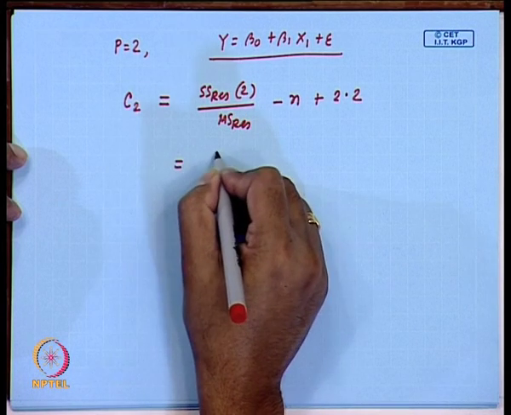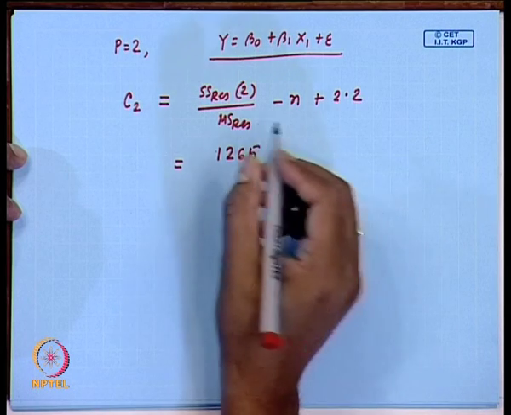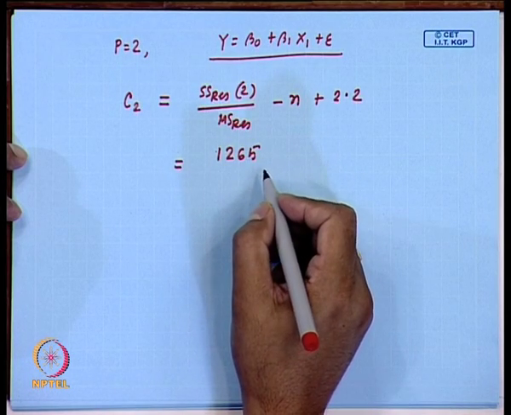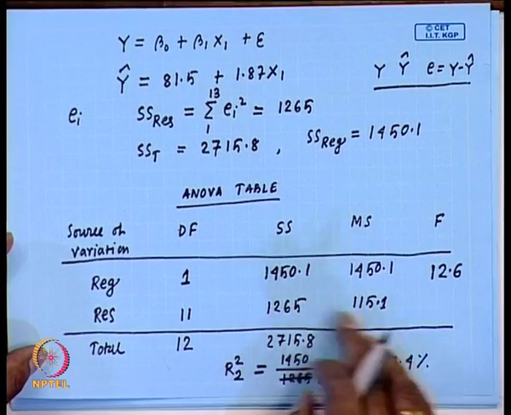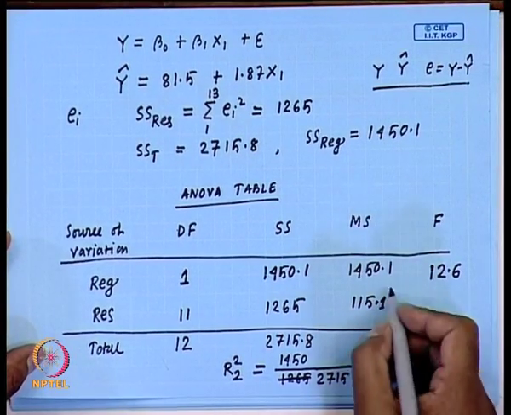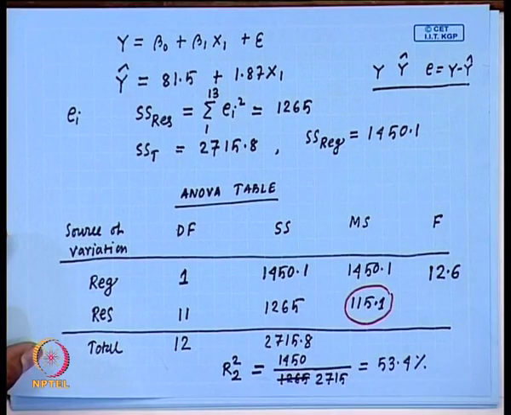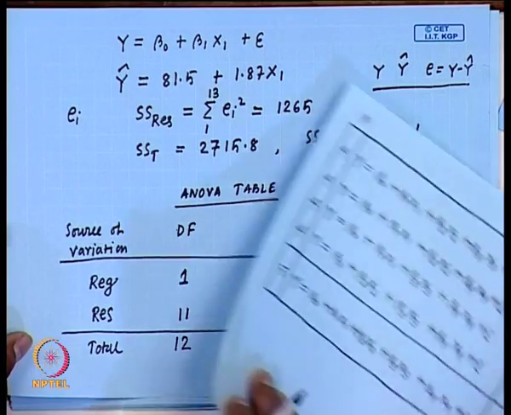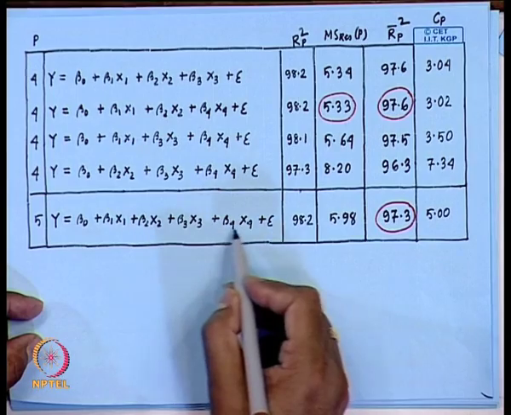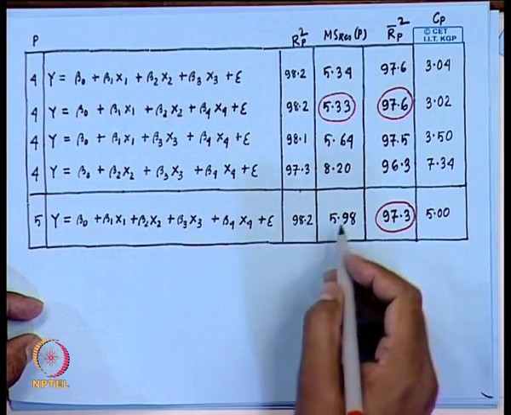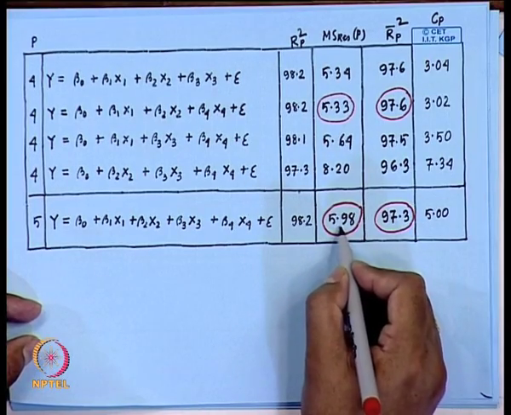This is the SS residual 1265 by MS residual. Do not take this MS residual; take the MS residual for the full model. Here is the full model, and you take this MS residual value.